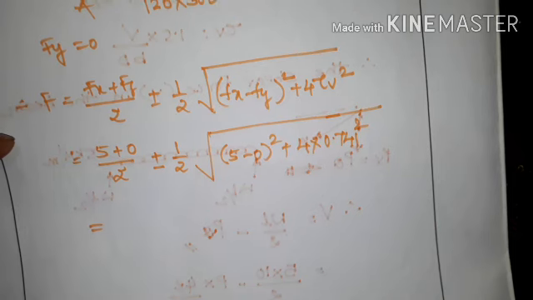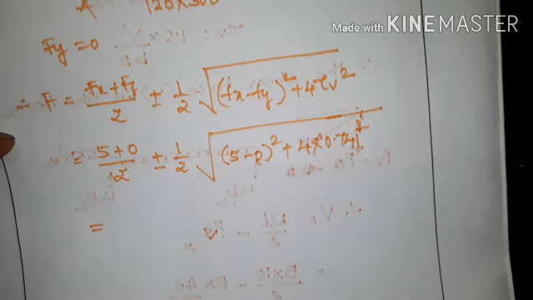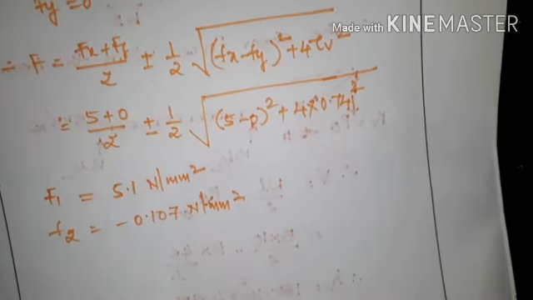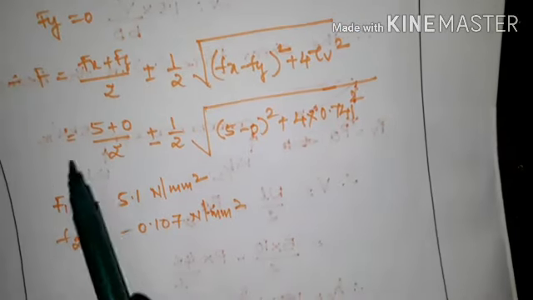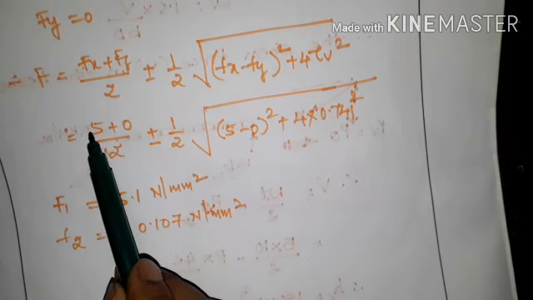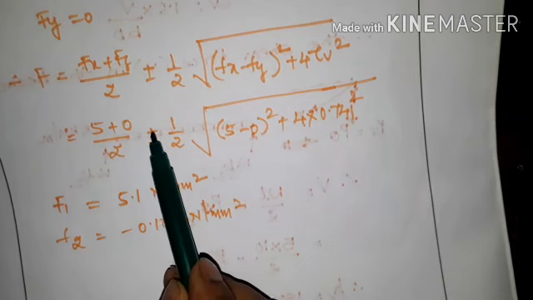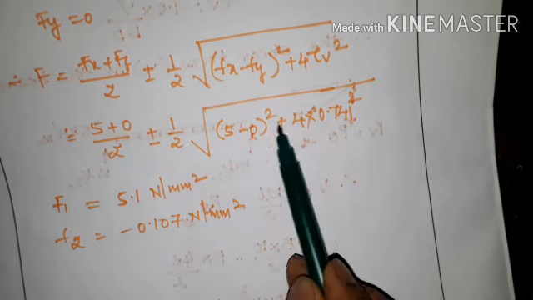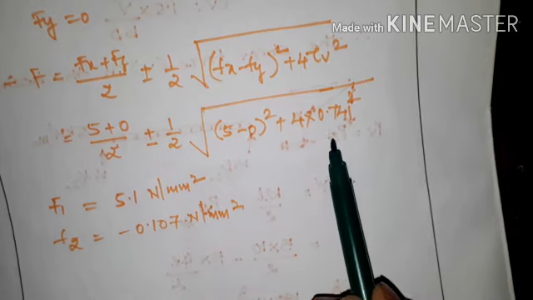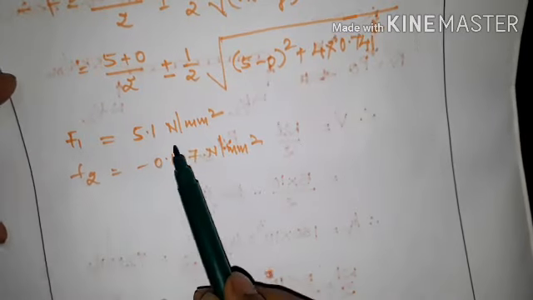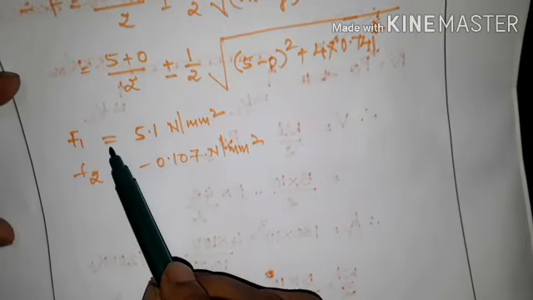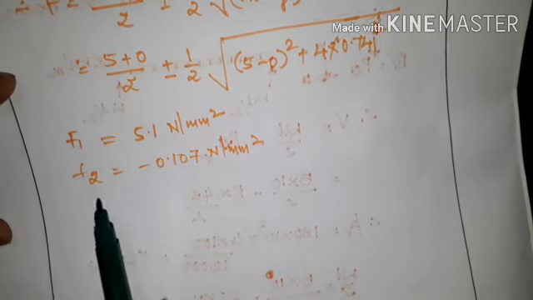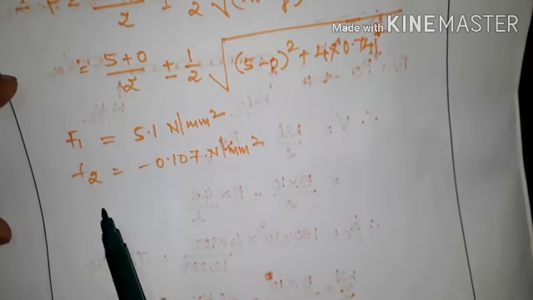So we got it as 5.1. That is F1 is 5.1 Newton per mm square and F2 is minus 0.107 Newton per mm square.